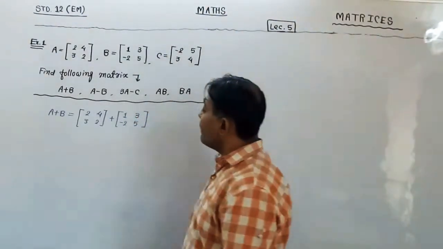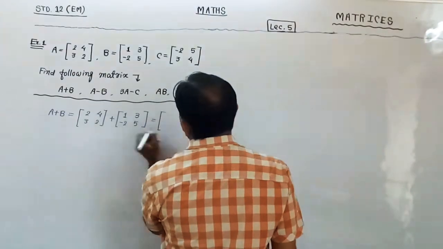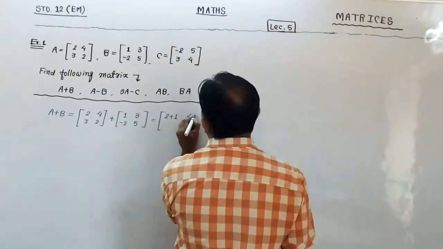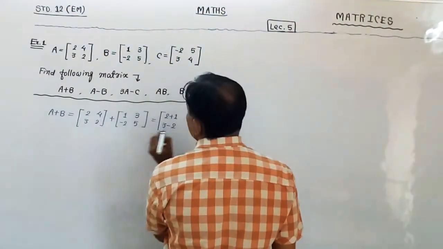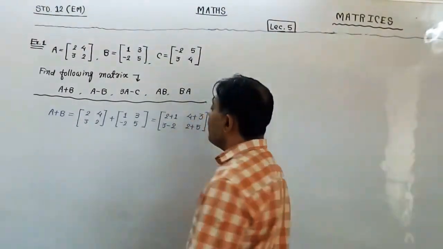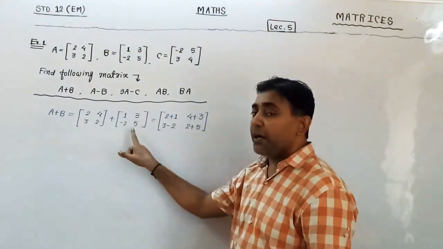Addition is very simple, my friend. This is 2 plus 1 and 4 plus 3. Similarly here, 3 minus 2 and 2 plus 5. Element-wise addition means the first row adds with the first row, the second row with the second row.